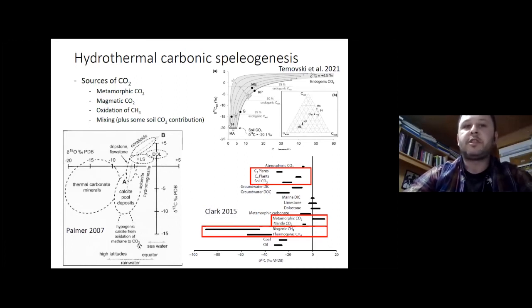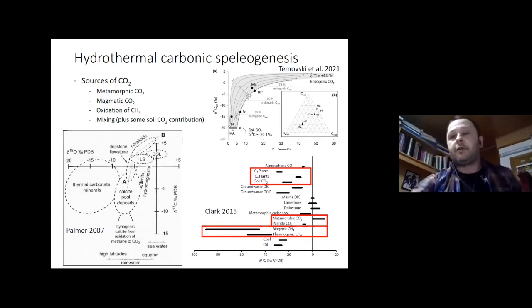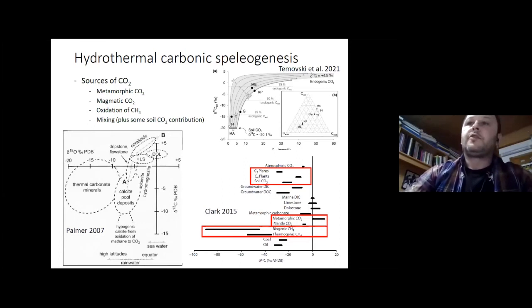Let's say if there was CO2 formed by oxidation of methane, we could have even more negative values, as you can see also on this graph here. Or, as I mentioned before, we can have some positive values if the source is coming from a metamorphic signature.